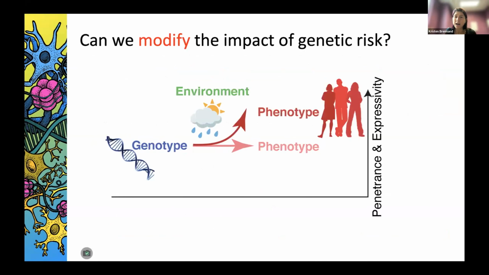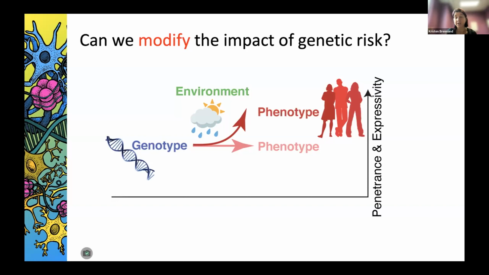So we all know that there are certain environments that can make phenotypes greater. In the context of psychiatric disorders, these could be traumas, things that happen, or, for example, in the context of schizophrenia, it seems like a lot of cannabis use can make clinical presentation more severe.